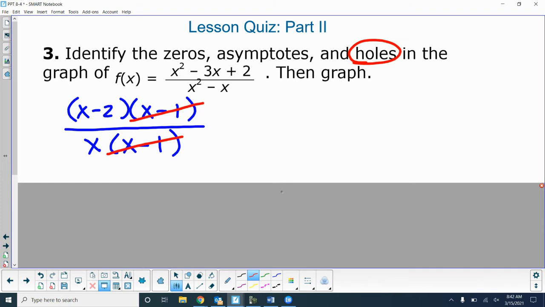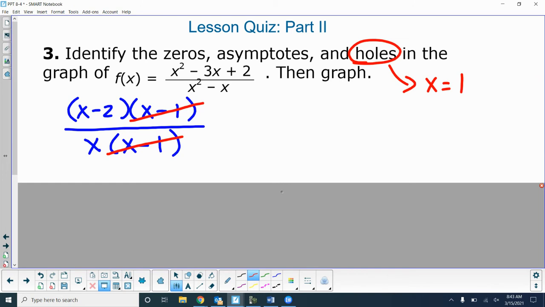Hole at what number? What makes that 0? 1. So the hole's at x equals 1. You take care of the hole first if that happens like this.